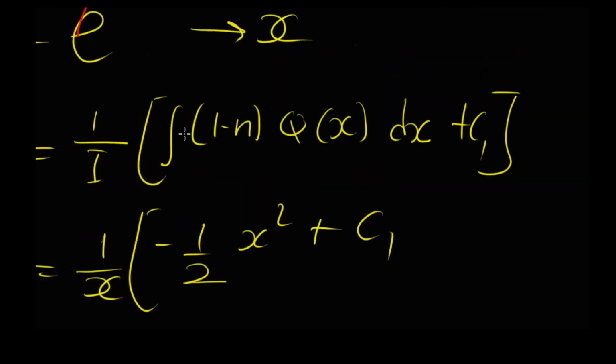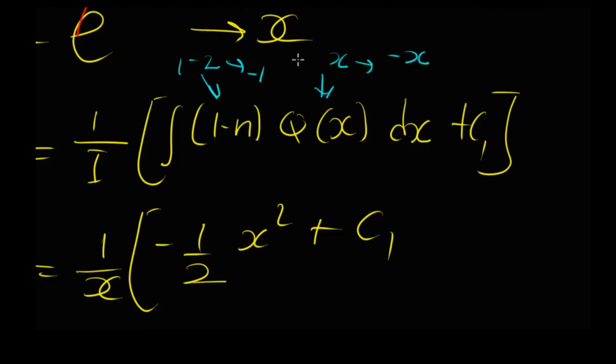Let me use another color. We are going to set here 1 minus 2, which gives us minus 1, and we are going to insert x here, so by the end you have minus x.